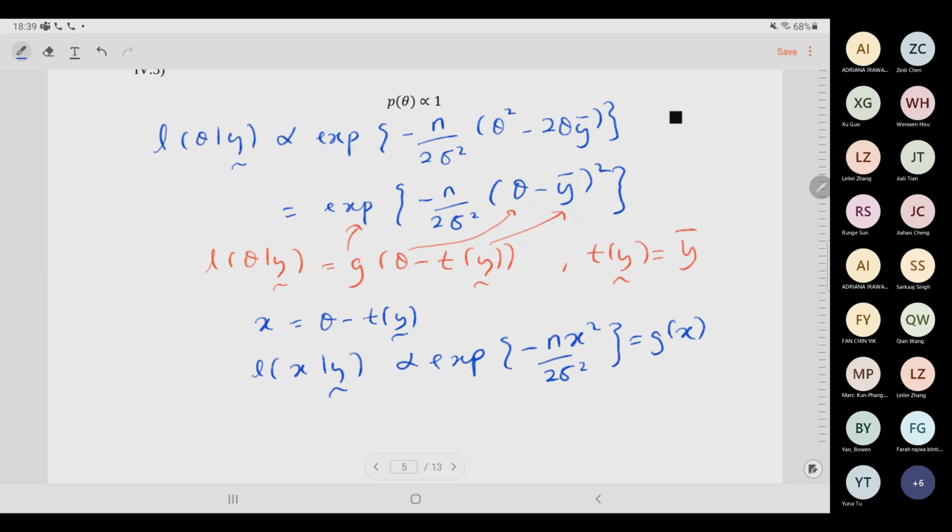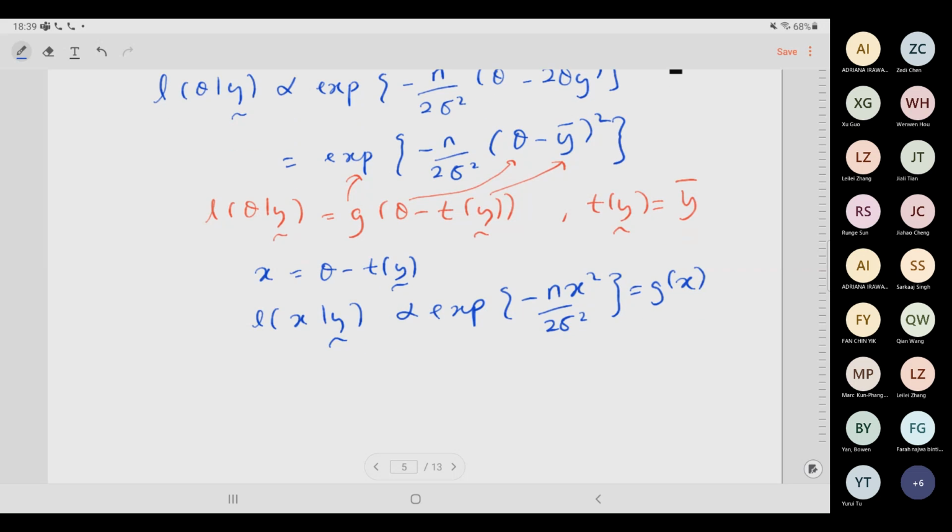And this means that since your sigma squared is a constant, your location will actually change depending on the value of your x, which also depends on your y bar.